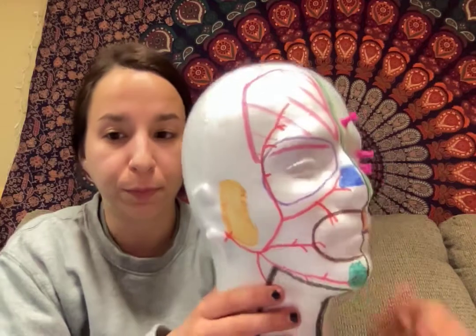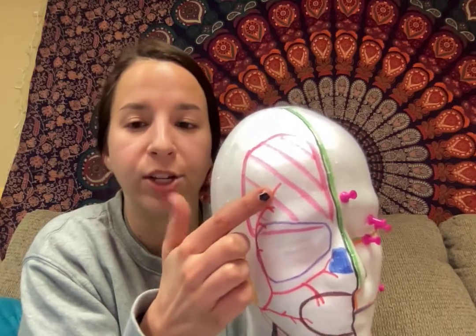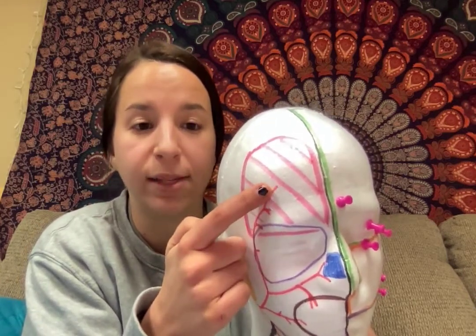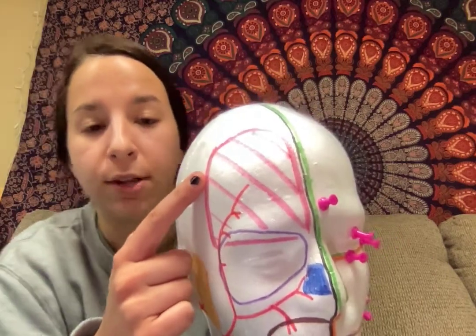So to start, we're going to start with the temporal branch, which is the branch that is running up through here. You can see that the temporal branch innervates this frontalis muscle, which is identified with this pink rectangle here.